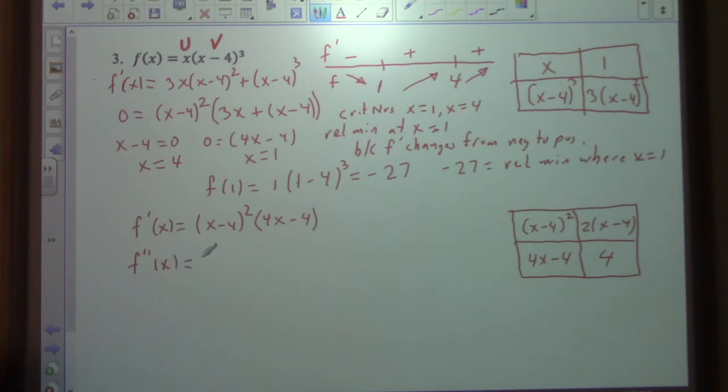It's equal to 4 times (x minus 4) squared. And then the next one here is going to be plus 2 times (x minus 4) times (4x minus 4).